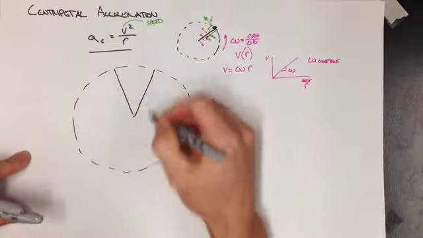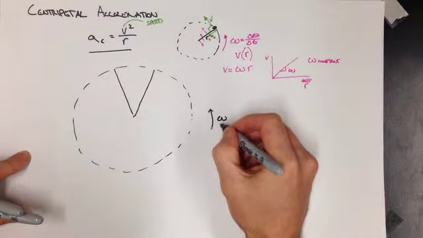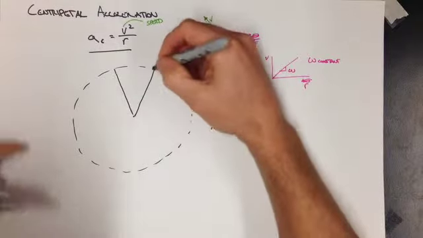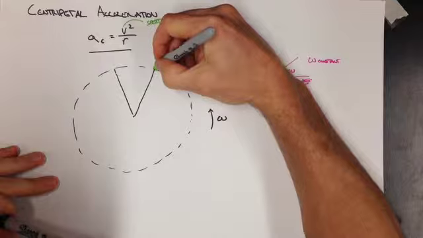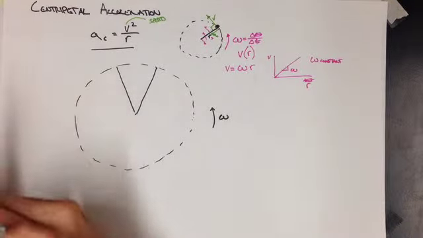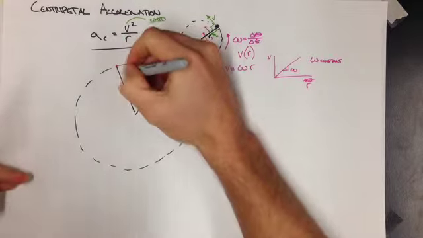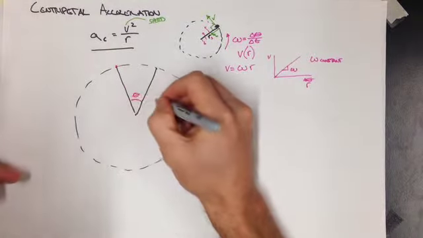I'm going to try to represent that this has an omega, and it's moving from, let's say, this initial position right here to this final position right here. So it's rotated a certain theta.